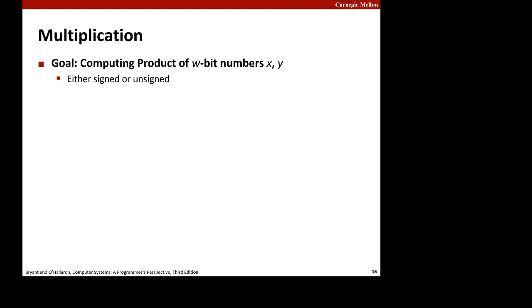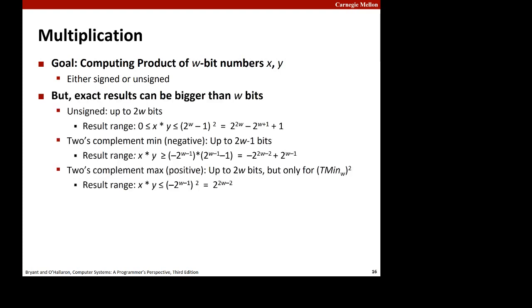So multiplication is a little bit messier. Again, in this big pile of stuff, what it basically shows is if I have two numbers that are each w bits, and I multiply them, then I need twice as many bits if I want to safely represent the product. That result holds for both the unsigned case and the 2's complement or signed case.